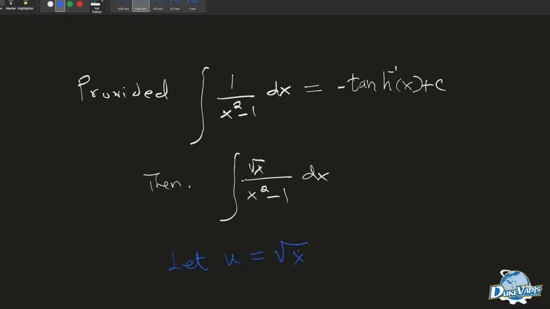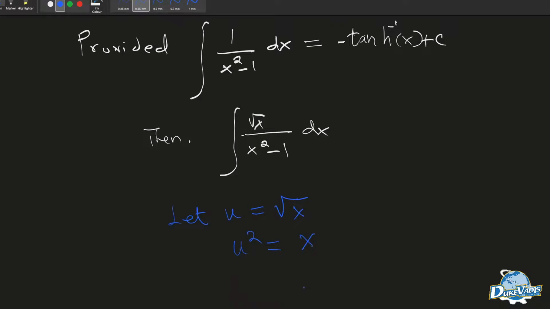If we square both sides, we get u squared equal to x. Again, when we differentiate, 2u du will give us dx. So it makes our substitution easy.